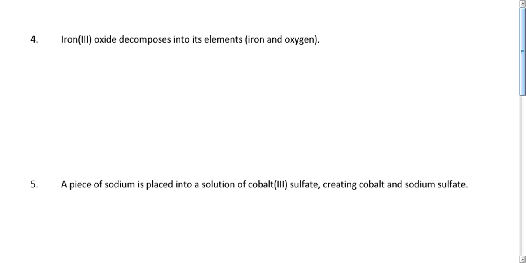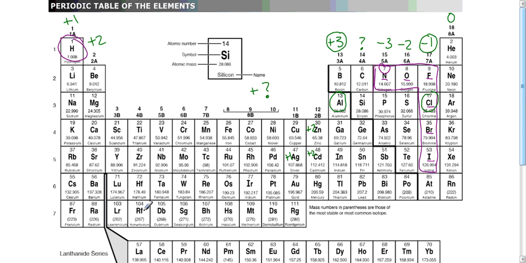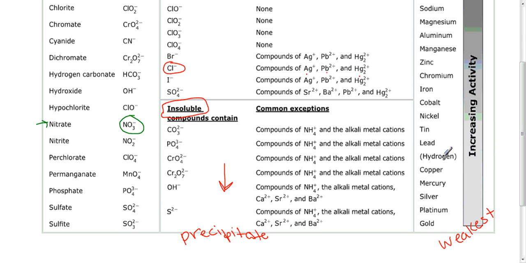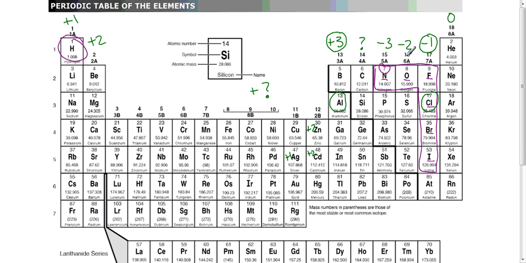Now, if you look at your activity series, you will notice that it does not include nonmetals. It only has metals and hydrogen. So since we don't see that on that chart, we actually go and look at our periodic table. The only nonmetals that we have to look at the activity series for are going to be these four right here: fluorine, chlorine, bromine, and iodine.